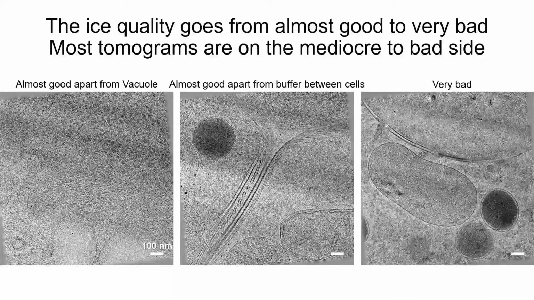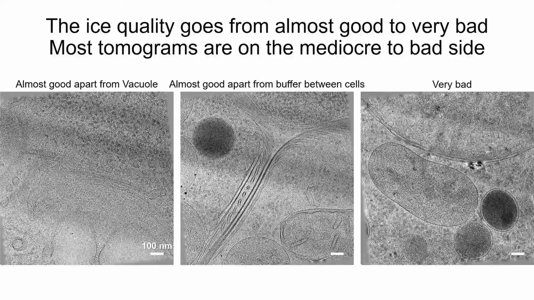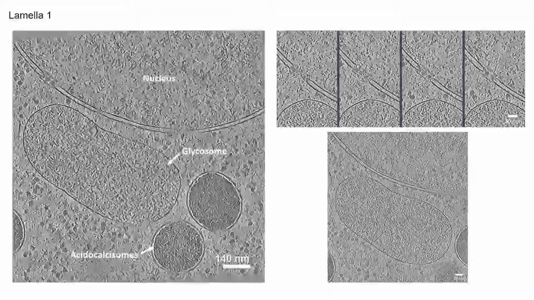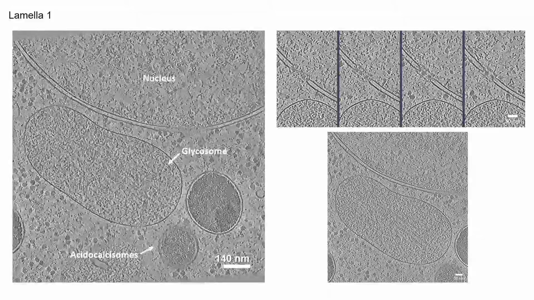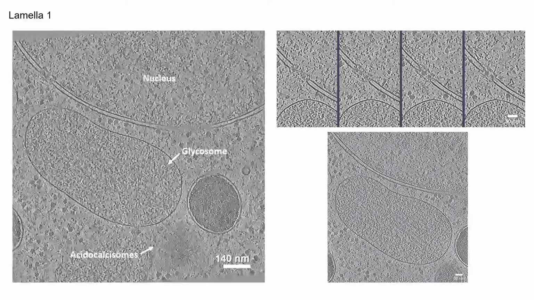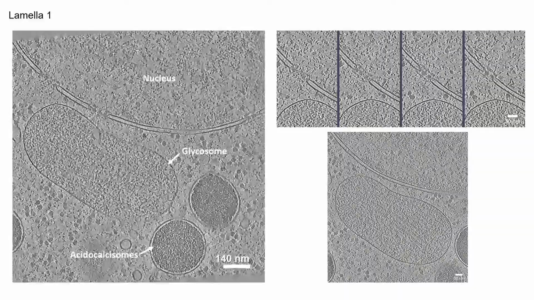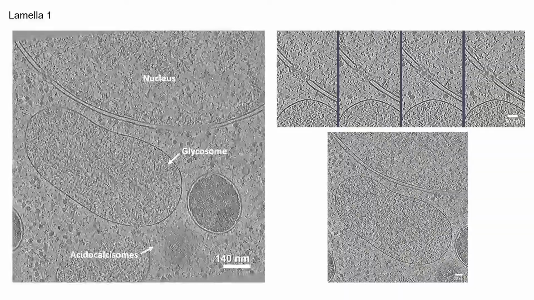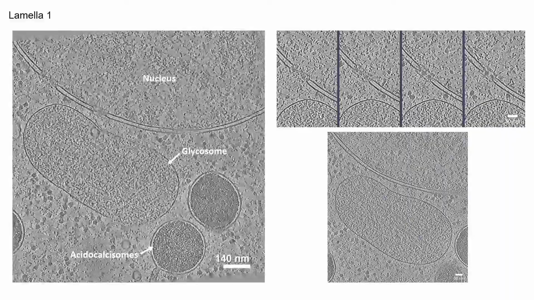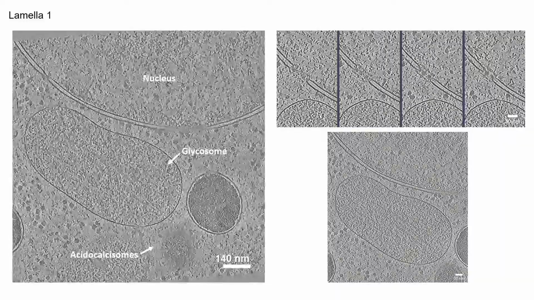But even in these very bad samples, we had a good result. So you can see here the nucleus, the glycosomes, which are structures related to sugar metabolism, and the acidocalcisomes that Kildare and Ingrid already told about.